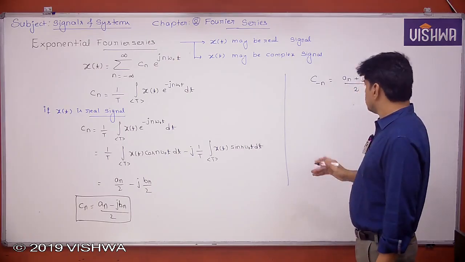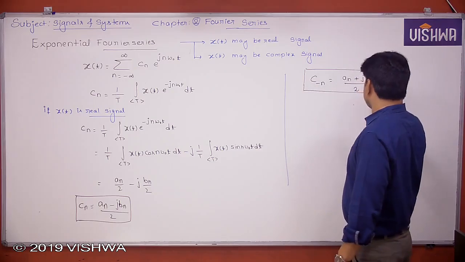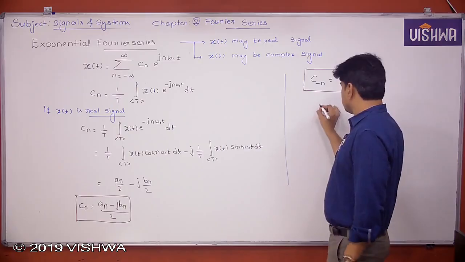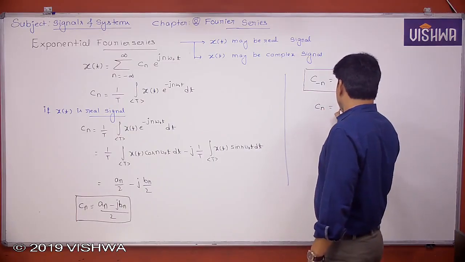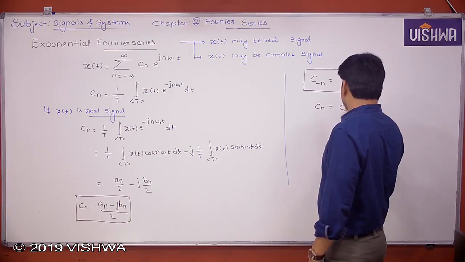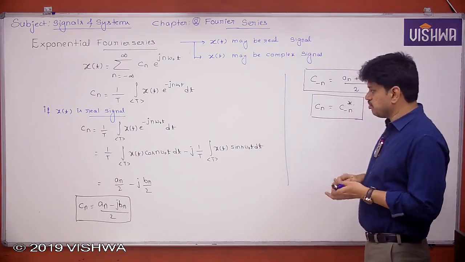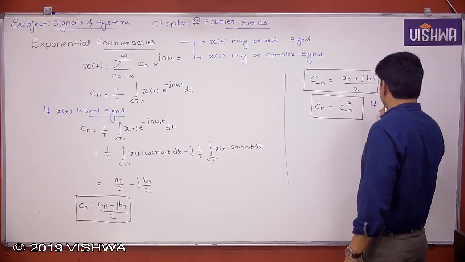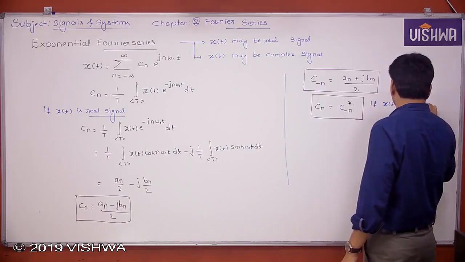So in short, if x of t is a real signal, Cn and C minus n have a relation: C minus n is equal to Cn conjugate. This is the relation between Cn and C minus n if x of t is a real signal.